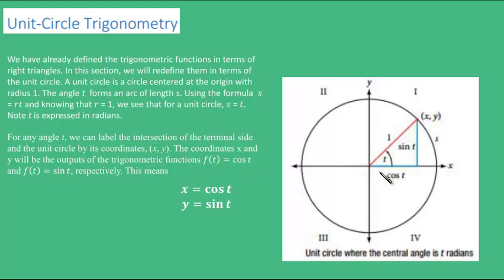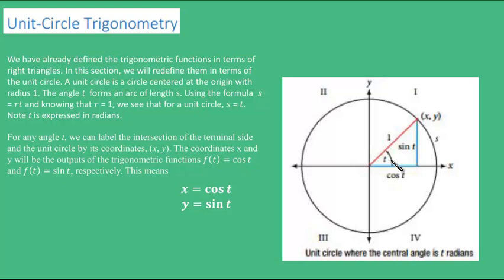Notice there is still a connection to our right triangle. If this is the angle t, the sine is opposite side divided by the radius. However, the opposite side, which is this length, is the y coordinate. You see that this point goes x across. That's this side here, which is adjacent to t, and up y, which is this side, which is opposite t.